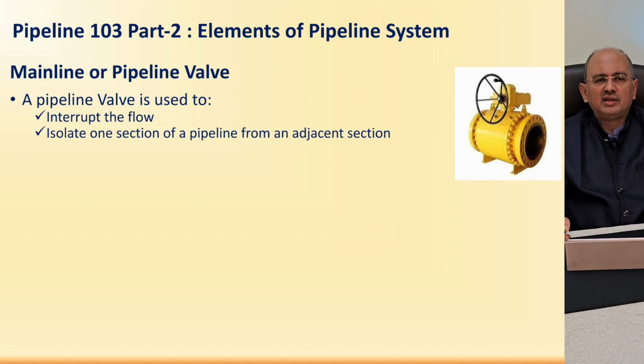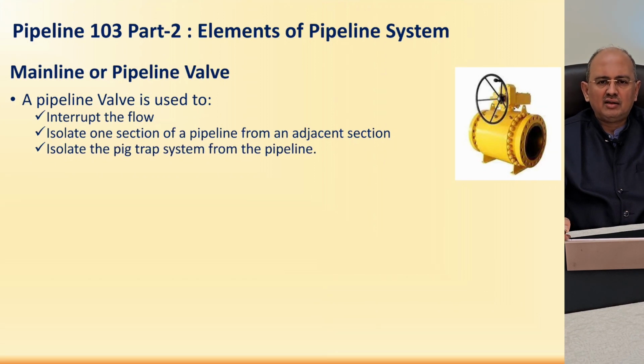It can isolate one section of the pipeline from the adjacent section. It can also isolate the pig trap system from the main pipeline, so that the pig trap door can be opened safely and we can insert the pig or retrieve or remove the pig from the door.